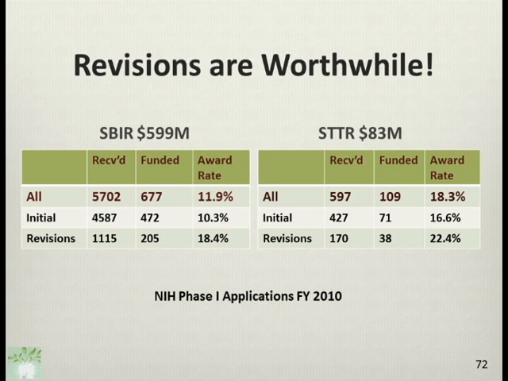It used to be the case that you could only submit your SBIRs twice, but at this point, they're no longer monitored or counted, so you can submit a new application infinitely. You notice that revisions are worthwhile for all of the applications in SBIR and STTR. The award rate increases dramatically upon revisions.